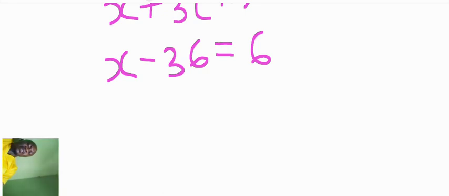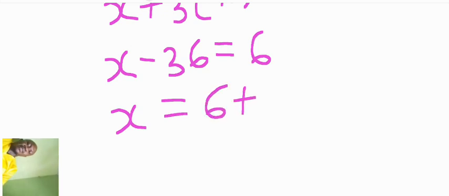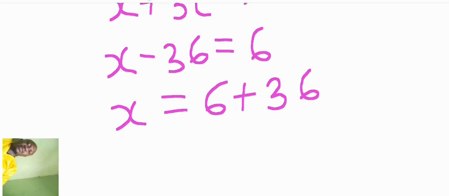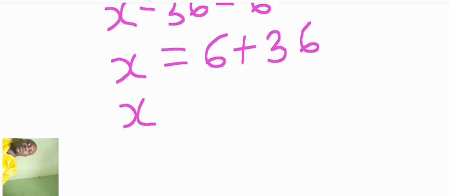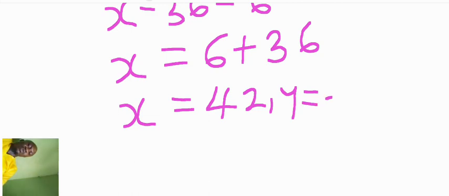And the additive inverse of negative 36 is positive 36. So if I do that, at the left hand side, I will have x will be equal to 6 plus 36. And my x will be equal to 42. So my x is equal to 42 and my y is equal to negative 12. The last step says that if you check the solution, please do this one on your own and confirm the answer for yourself. Now let's go to another example.